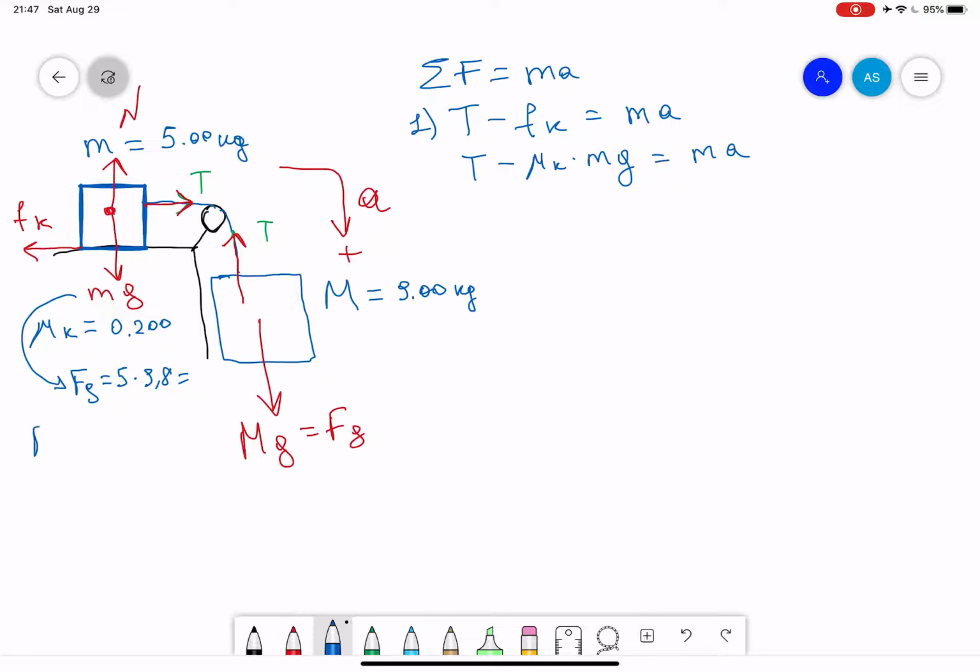So our Fg for the small box is 49 newtons. What about the big box? For the big box, we have 9 kilograms multiplied by 9.8, which gives 88.2 newtons.